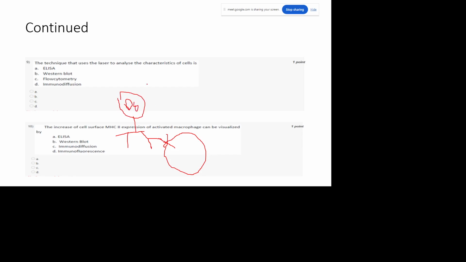If you excite your sample with a proper wavelength, you will see a red color here. This red color shows you the localization of the MHC class 2 protein. So the answer is immunofluorescence.